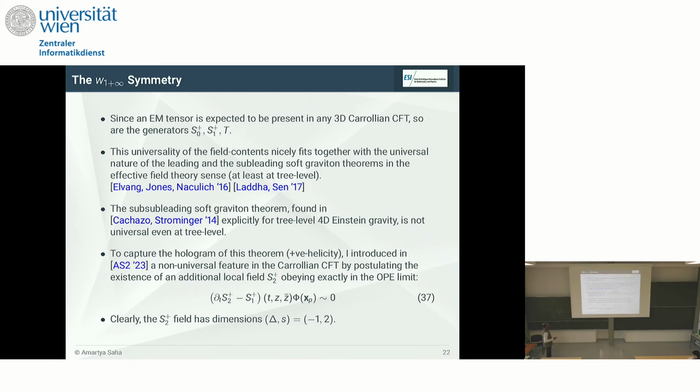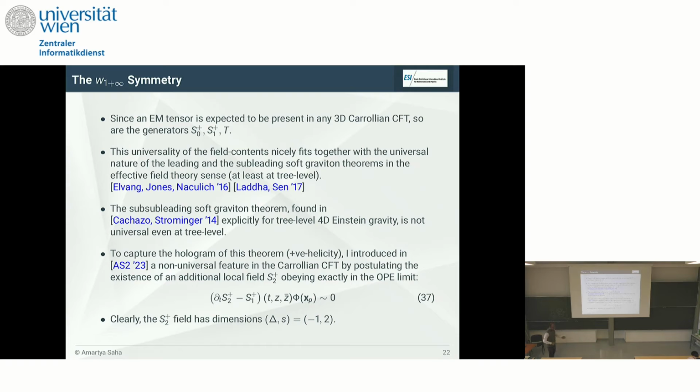So I just took the cue and proposed that we need to have a field in our Carrollian CFT that satisfies this equation 37 exactly in the OP limit.